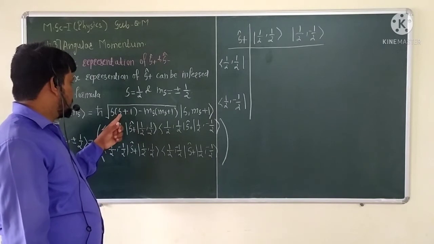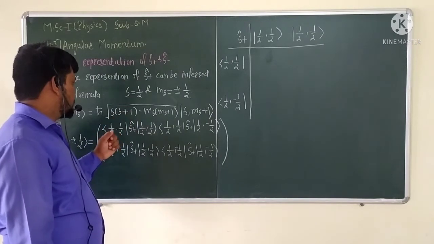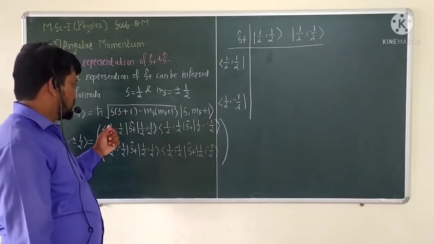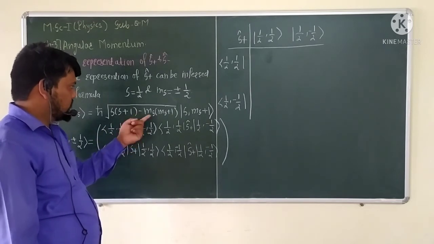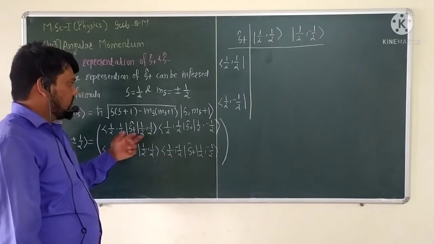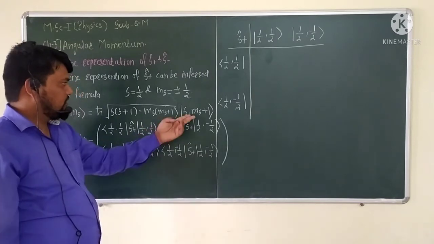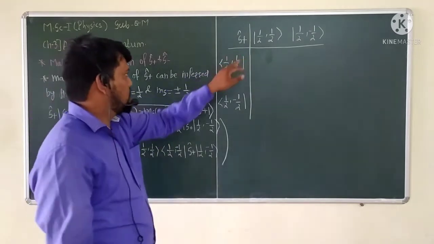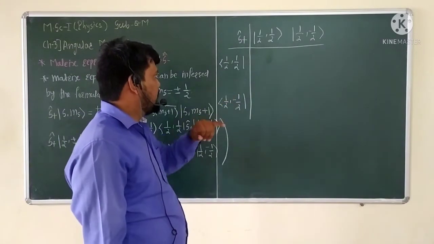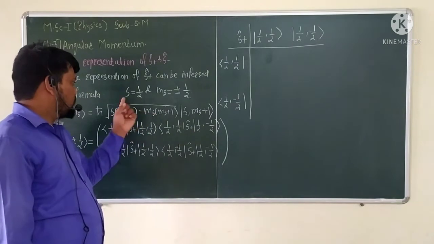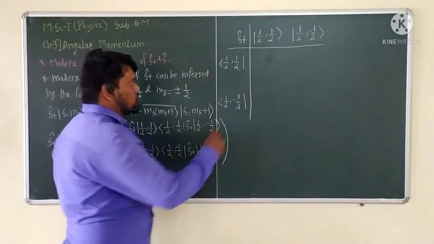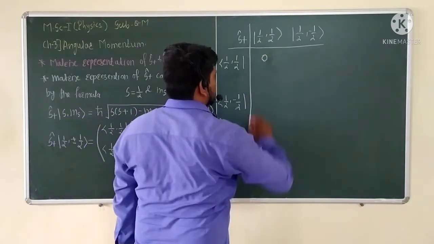So half into half plus 1 is 3 by 4, and ms into ms plus 1 is half into 3 by 2, which is minus 3 by 4 plus 3 by 4. Overall this calculation is 0, so the value comes as 0.